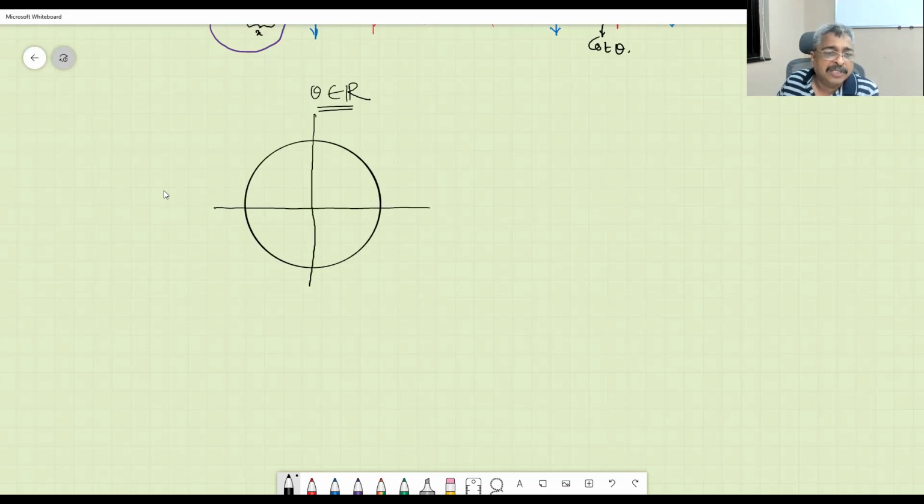It will not be continuously rotating. So the idea is, if theta belongs to R, then some other value, let us say theta dash, which is related to this theta, is going to be between 0 and 2 pi. I said this is the principal value.